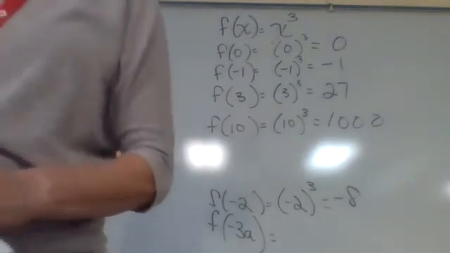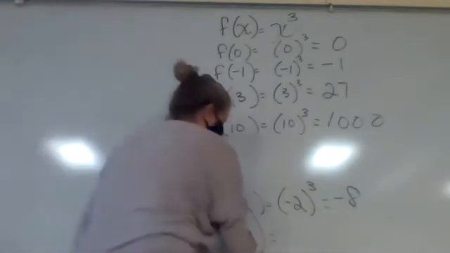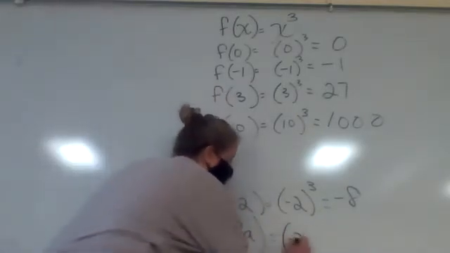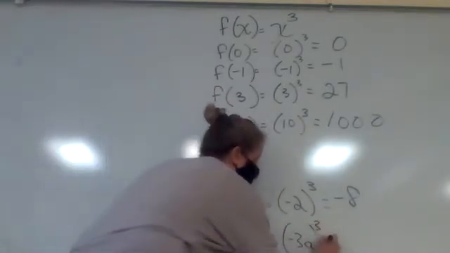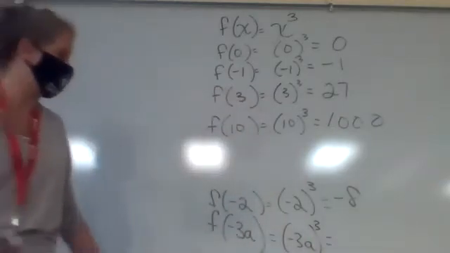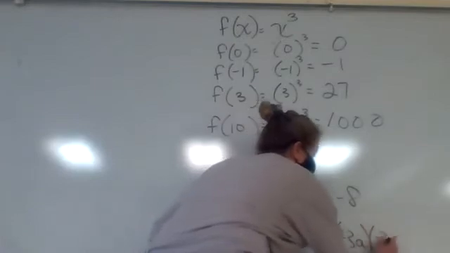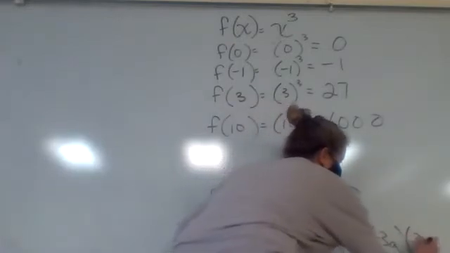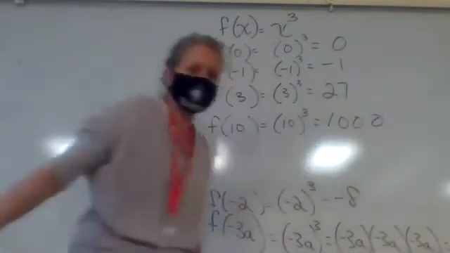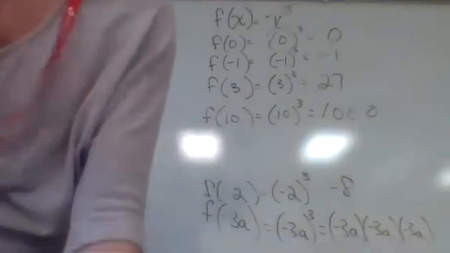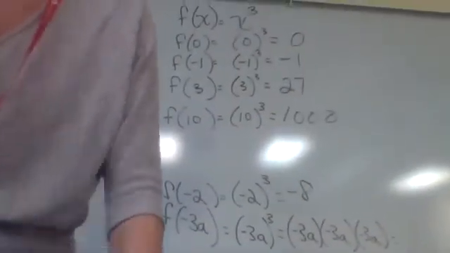I'm going to physically write this one out. So this means if I replace it, I'll have -3a to the 3rd power, which is telling me to multiply -3a times itself. Right? That's what -3a to the 3rd power looks like if you wrote it all the way out.